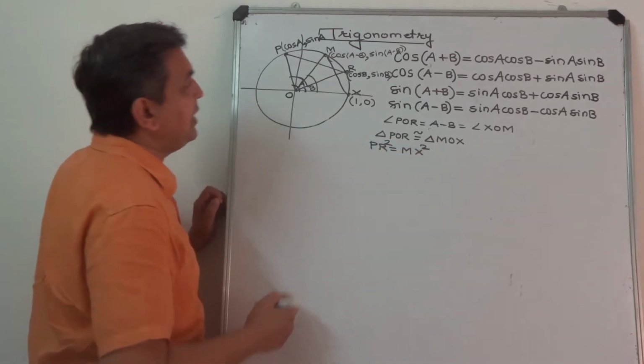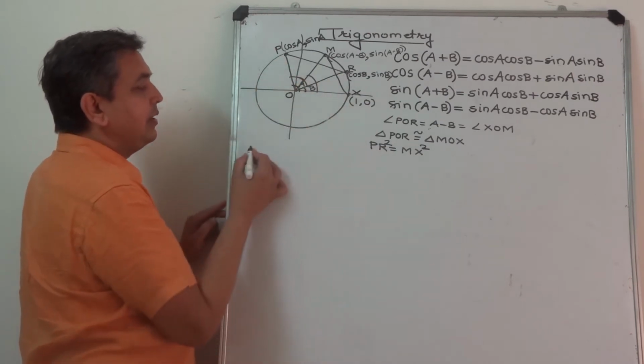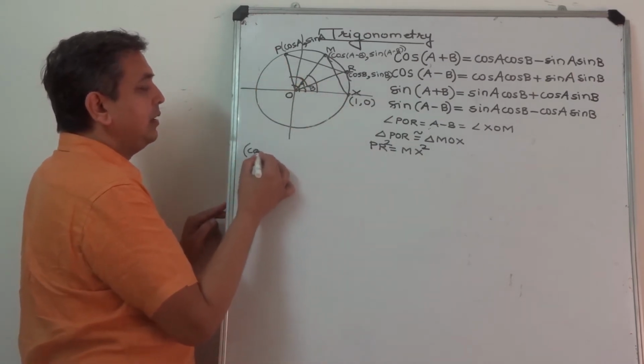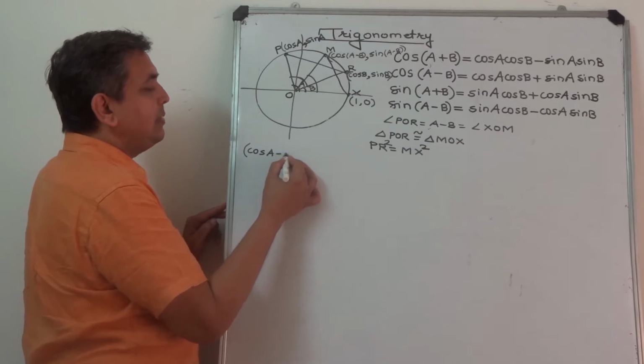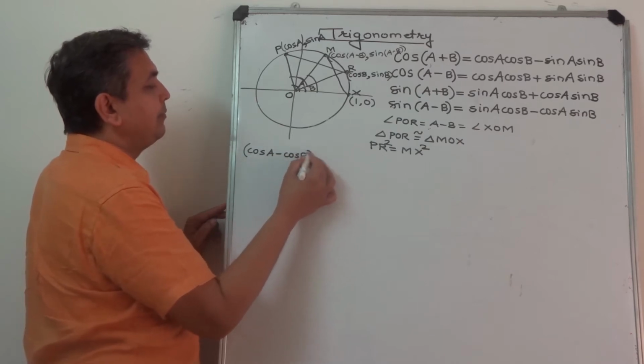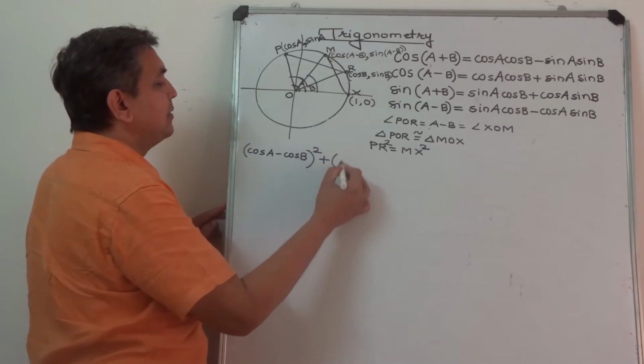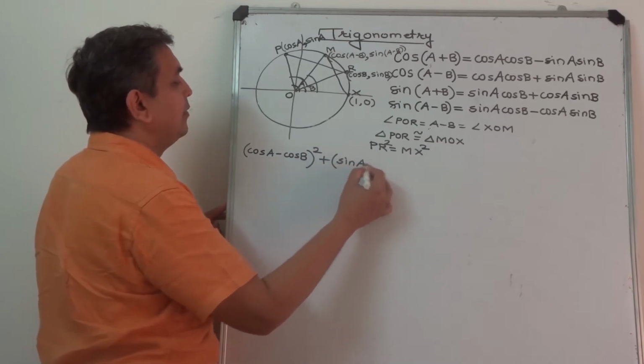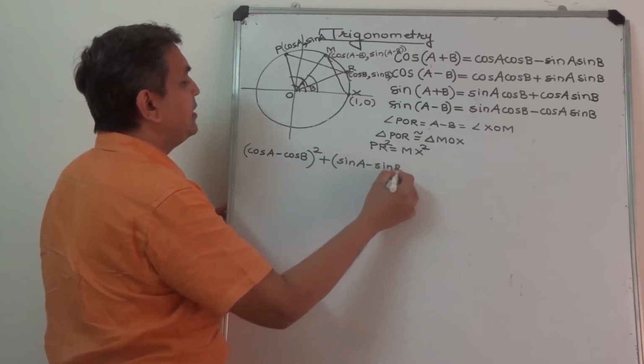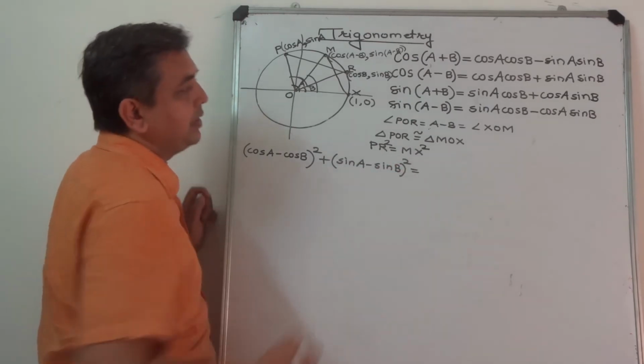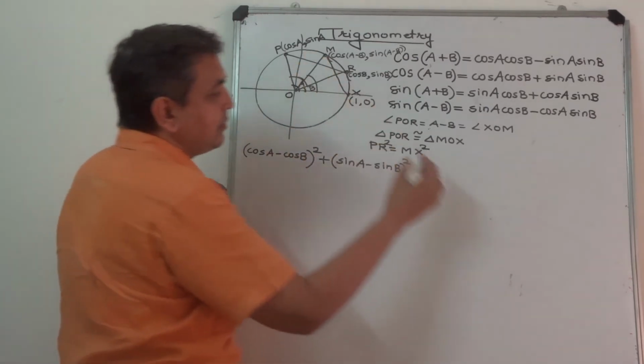Now can we find PR square? PR square is cos A minus cos B whole square plus sin A minus sin B whole square. This is PR square. Can we find MX square?